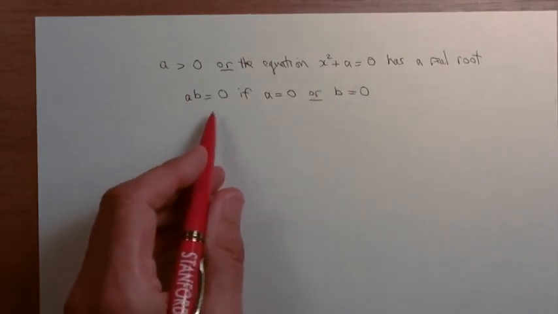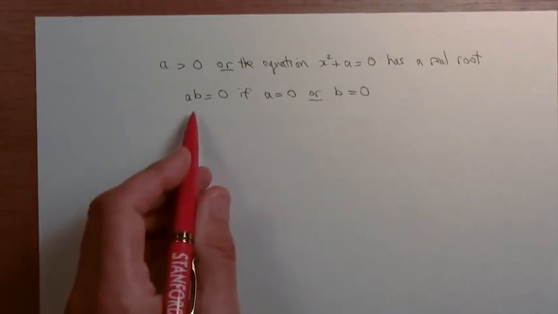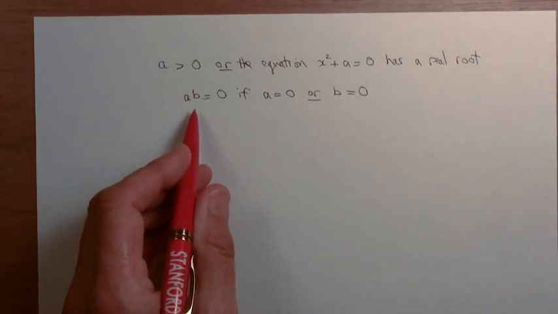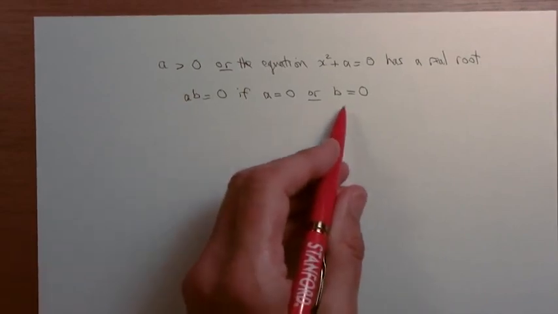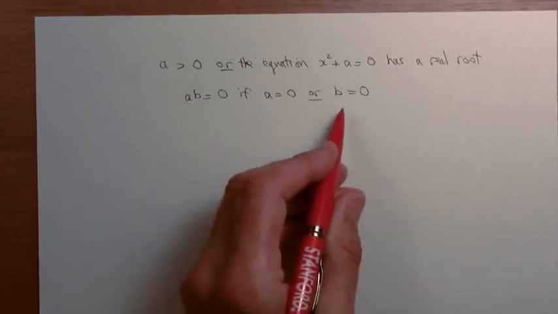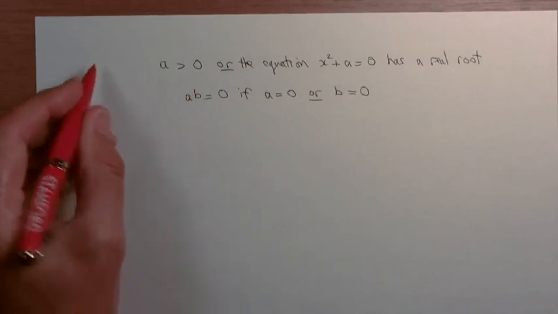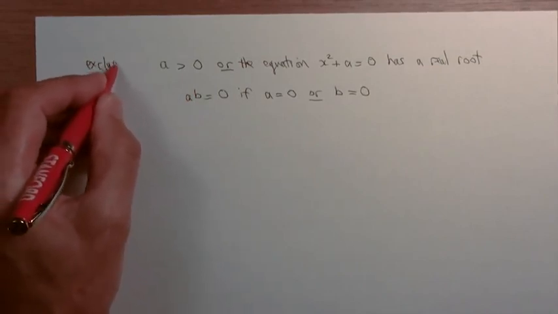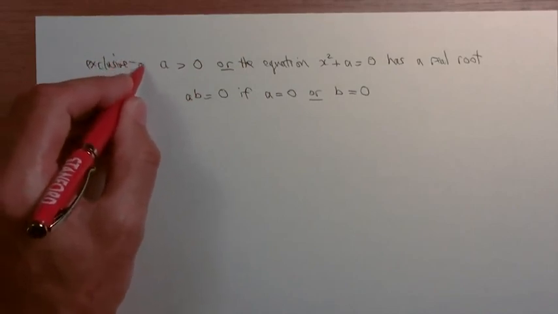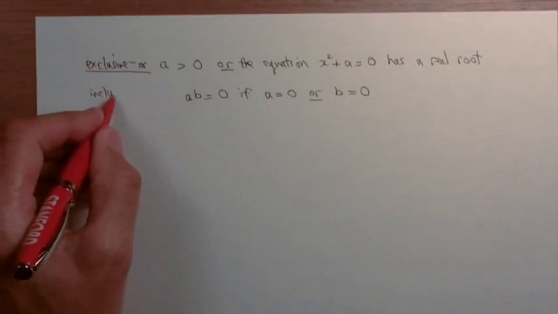In the case of the second sentence, they could both occur together. To get AB equals 0, it's enough if A is 0, it's enough if B is 0, or they can both be 0. So these two are different. In the first case, we have an exclusive OR. In the second case, we have an inclusive OR.